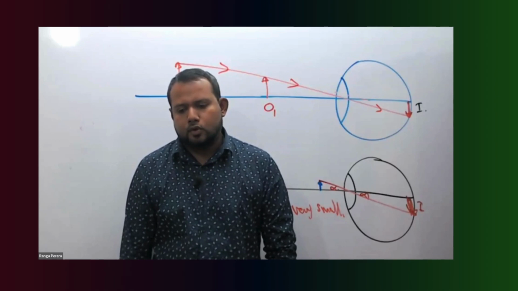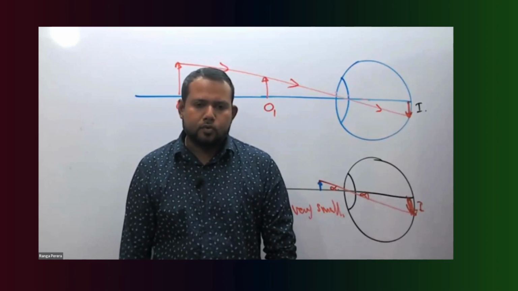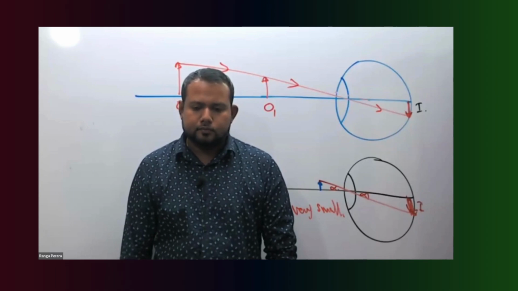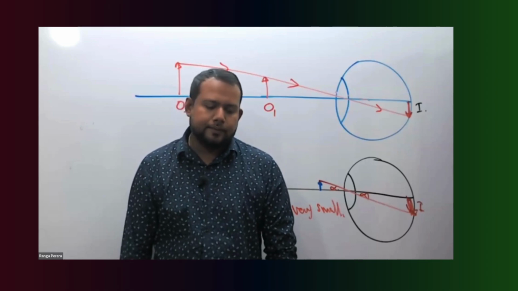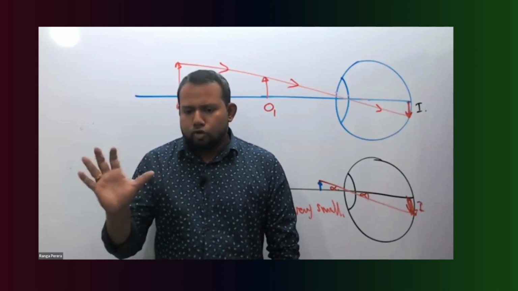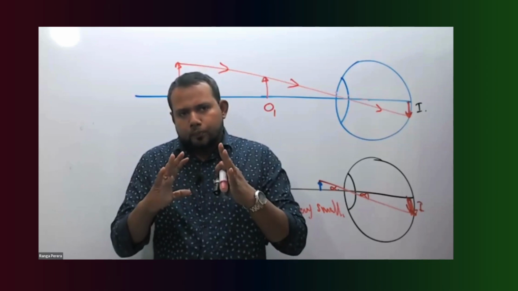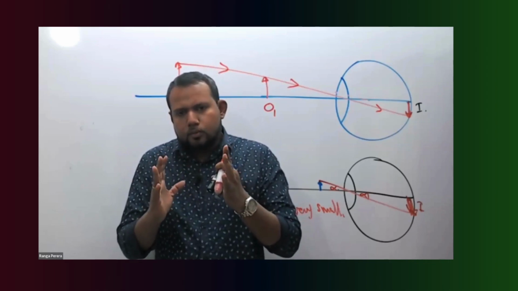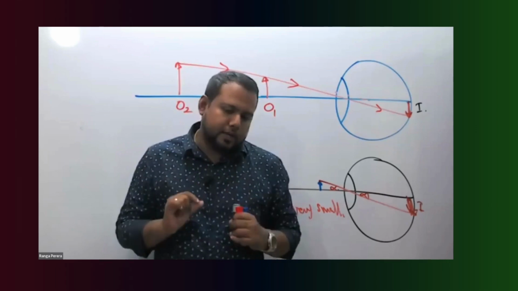Number two, telescope. Without going into detail now, I will go into the detail later. The microscope is used to improve the visual angles of very small objects.